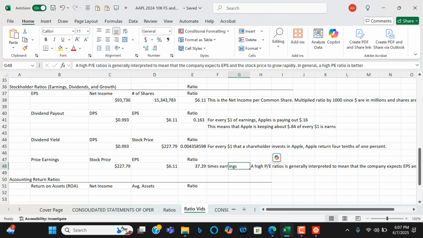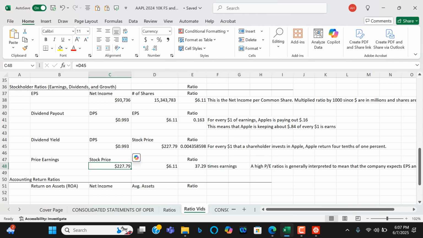And this is a forward-looking ratio. Here's why. Stock prices are forward looking. This is from the stock market. The stock markets look forward. They don't care what you just did. They are concerned about what they expect the company will do in the future. So that's a forward looking number. Earnings per share, we just saw it in the income statement, is historical. So you're comparing forward looking market expectations with a number which is historical, the company's recent performance measured through their earnings.